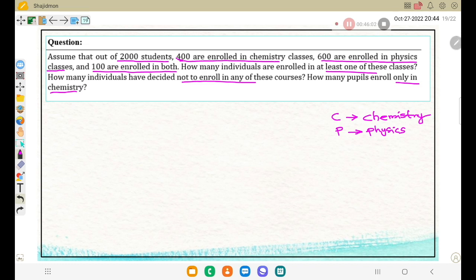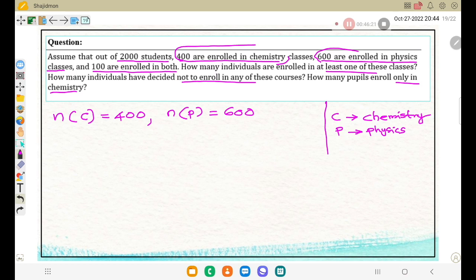Now 400 enrolled in chemistry. What is the meaning? Number of students enrolled in chemistry, number of C equal to 400. 600 enrolled in physics means number of P equal to 600. Physics enrolled students. Correct?